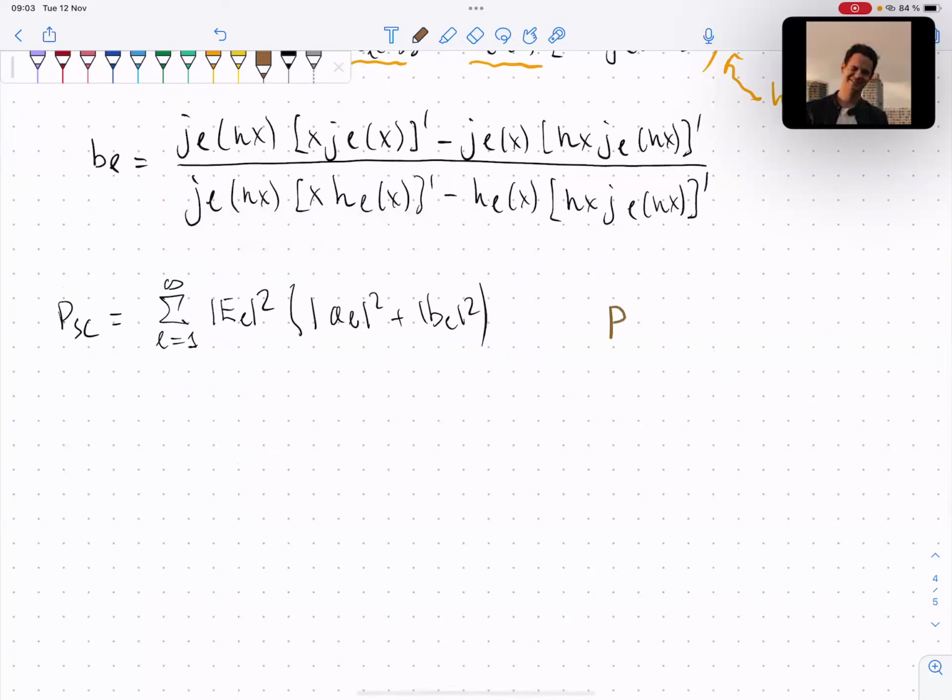Just to remind you, the power is an integral of the Poynting vector over some surface.